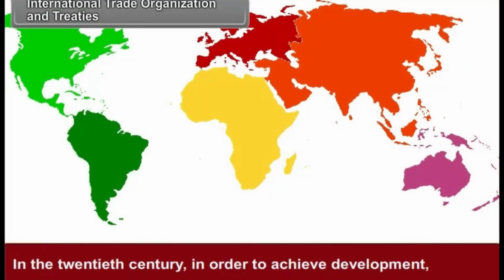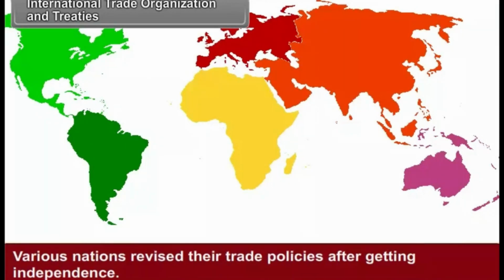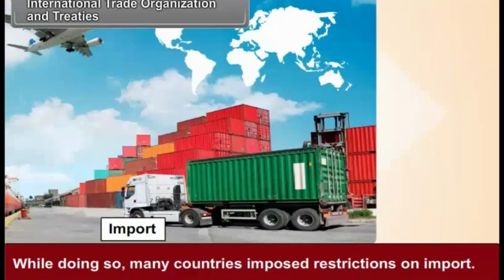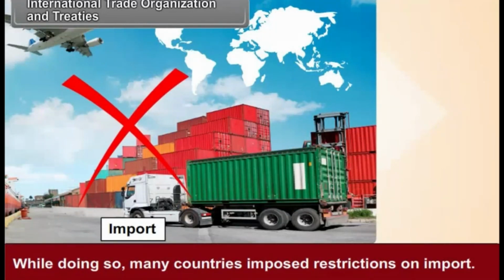International trade organizations and treaties. In the 20th century, in order to achieve development, various nations revised their trade policies after getting independence. While doing so, many countries imposed restrictions on import.